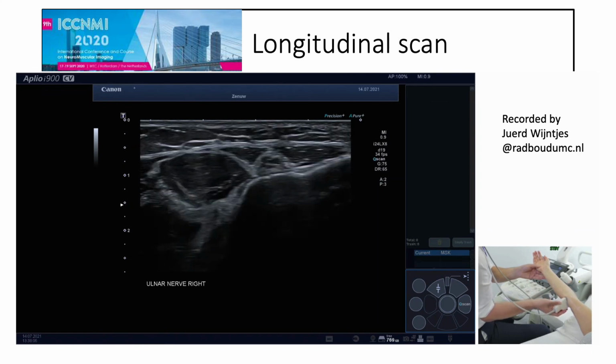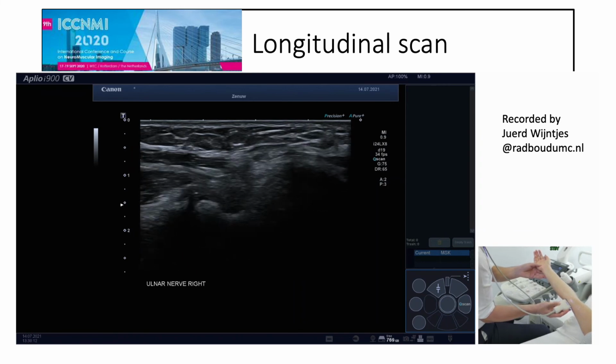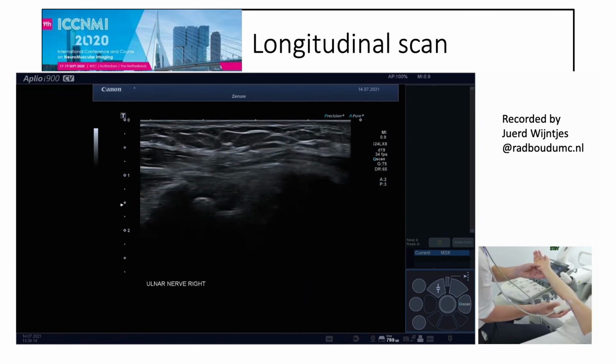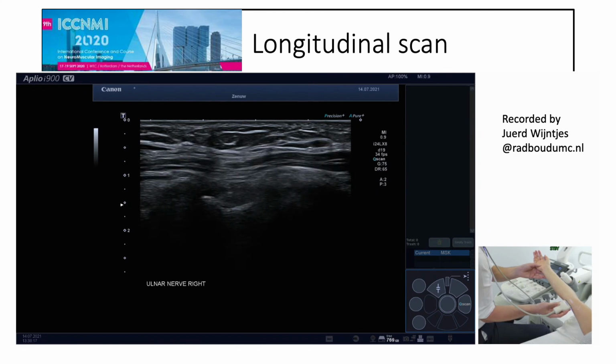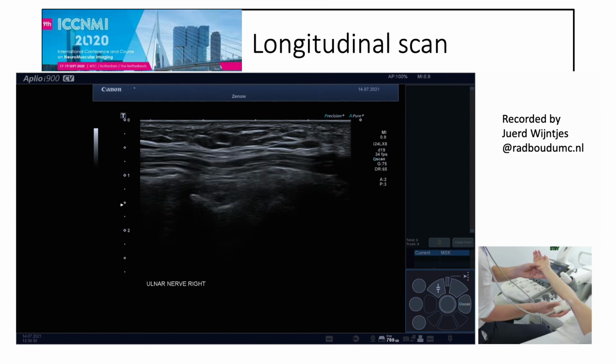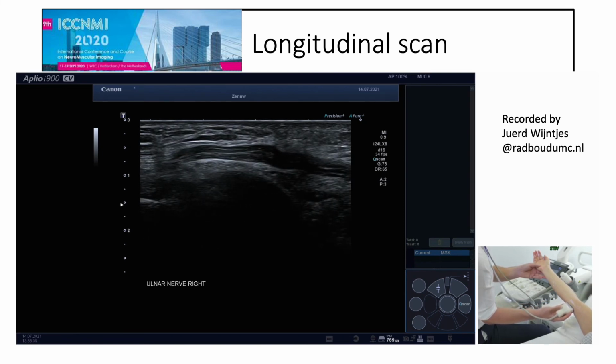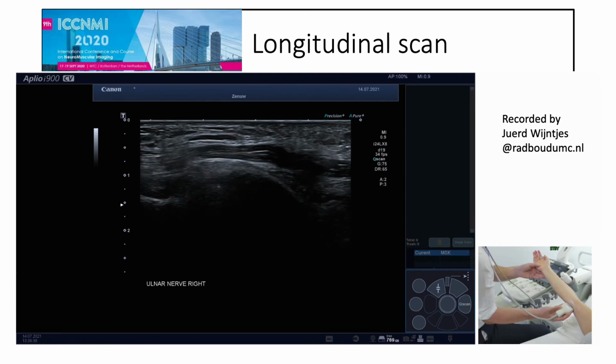So you see, quite a little distal to the medial epicondyle, and now the nerve will be shown in longitudinal. So it's sometimes quite difficult. See nicely. Now, usually the proximal is on the left and the distal is on the right. This is the usual convention.